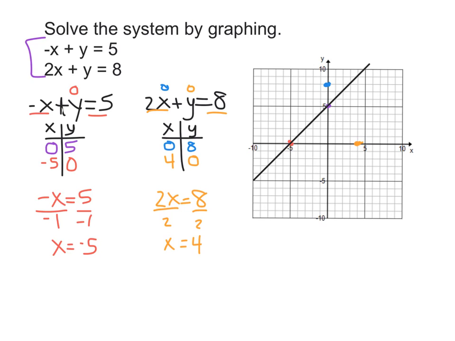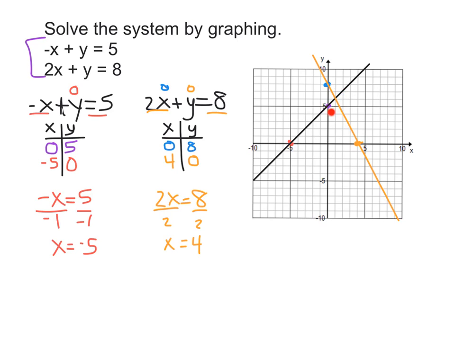And now I need to draw that line. Okay, let's see if we can get that one in here. All right, I guess it's orange. And we're going to try and fix this to be a little bit more in line with those points. There we go. Now remember, a solution to a system of equations is where they intersect.